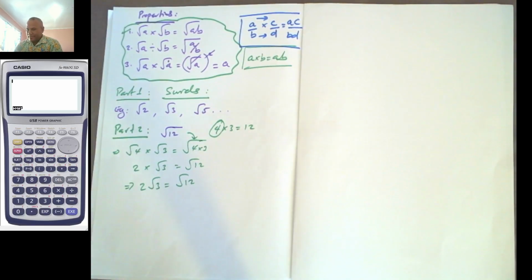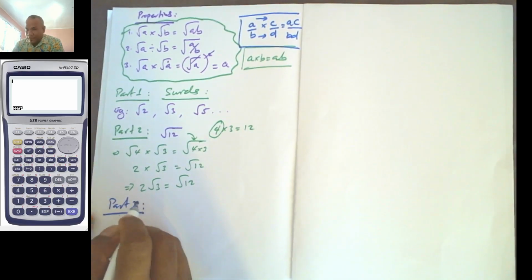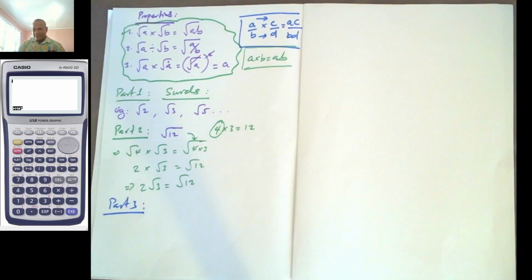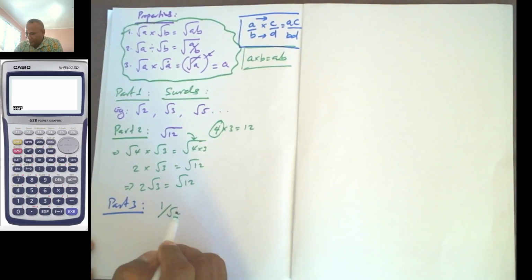Let's look at part 3 of the question. We go on to rationalization. Suppose we have 1 over the square root of 2, and we rationalize it.